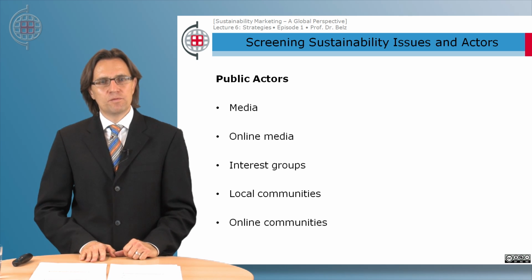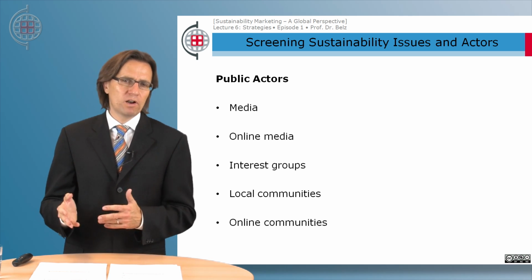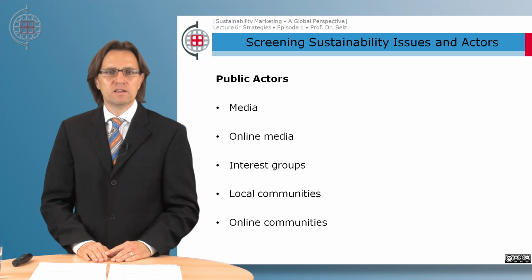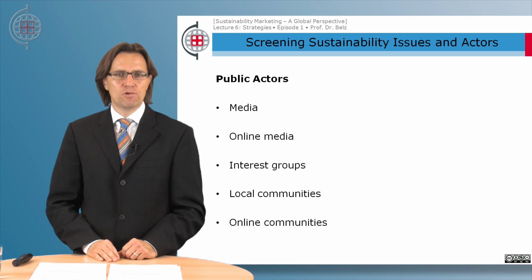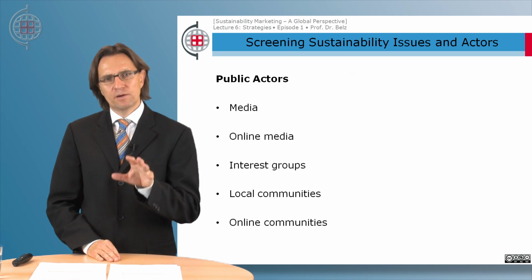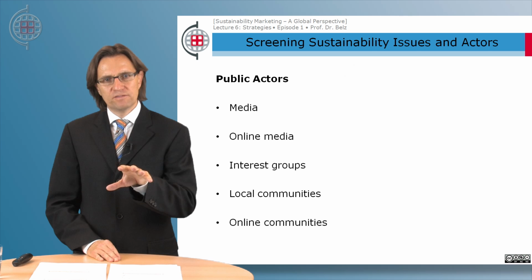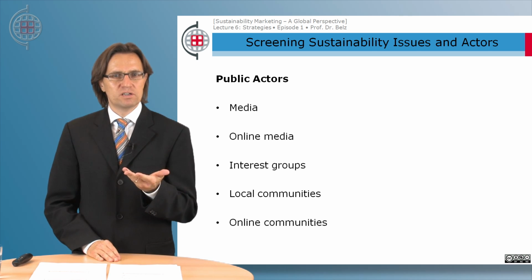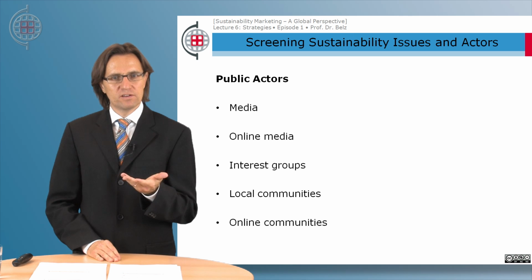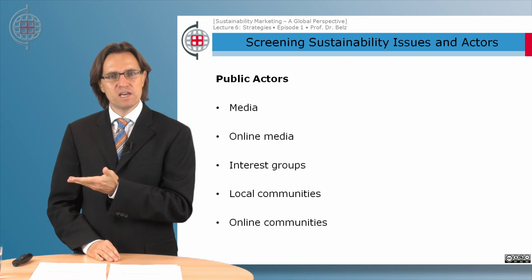Then there are local communities. Especially in a globalized world, you might think that local communities or local actors do not matter anymore. Well, when it comes to manufacturing, they do. And in the digital age, communities have a whole new meaning.